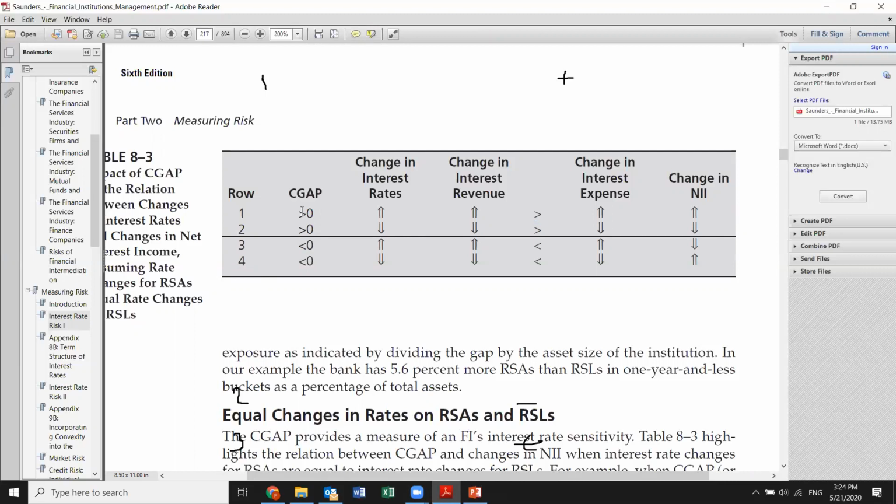If the opposite, if your cumulative gap is negative and interest rate increases, that will increase your revenue less than expenses. That will bring your net interest income down. If the cumulative gap is less than 0, negative, and interest rate falls, that means the fall in revenue will be less than the fall in expenses. That will increase your change in net interest income.